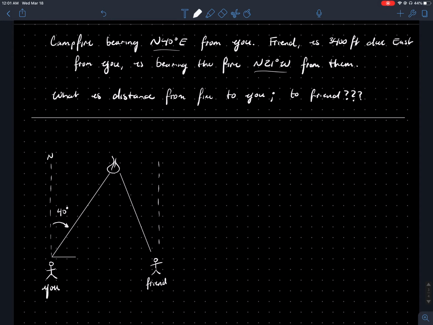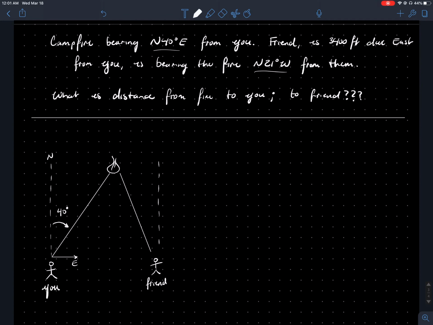Because this way is east. Let's move these guys over. Yep, and that looks like a much smaller angle. So 21 degrees west from the north position. Okay. Now what else do we know?